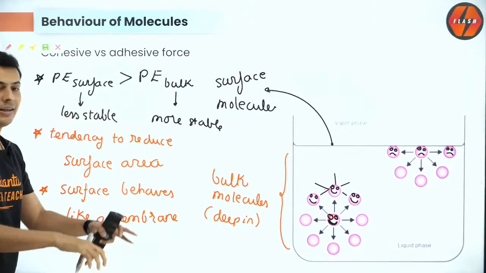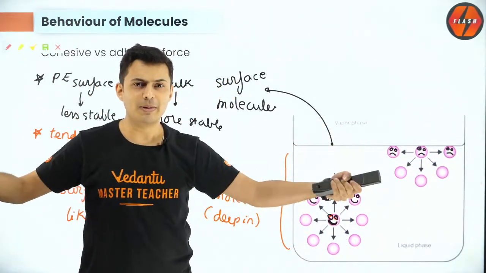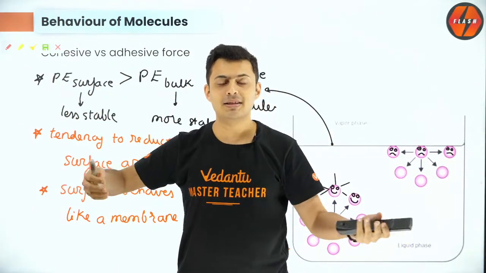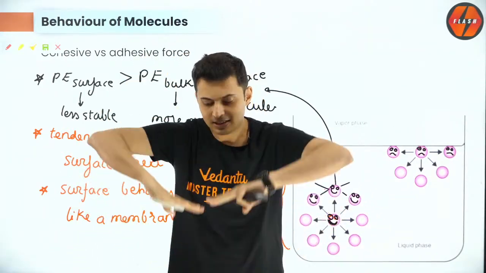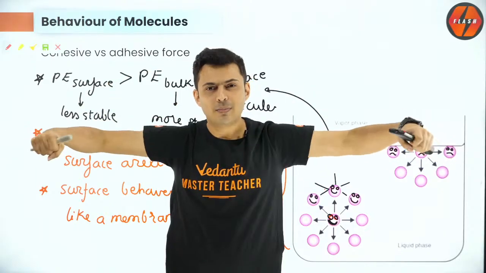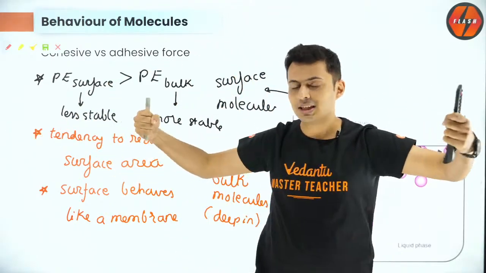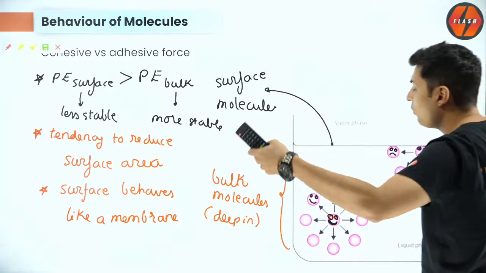Now membrane means a rubber sheet. A rubber sheet is nothing but a thin membrane. If you have seen a trampoline, if you press a trampoline, what happens? It comes back. If you pull a trampoline, it comes back. It's like a stretched membrane. I get the notion that as if these molecules are forming a stretched membrane. Why?